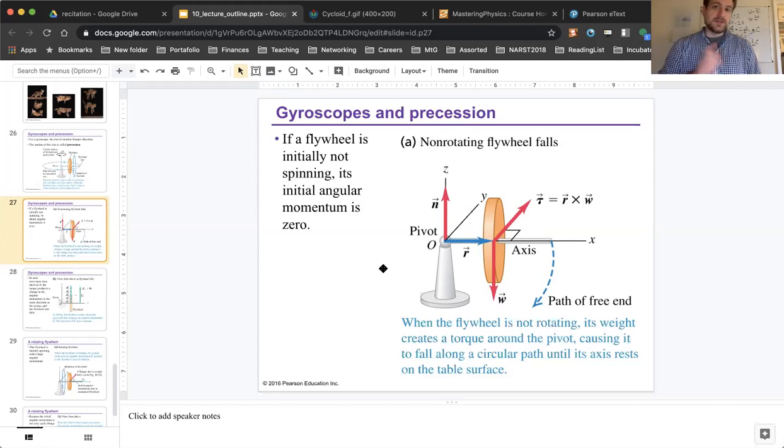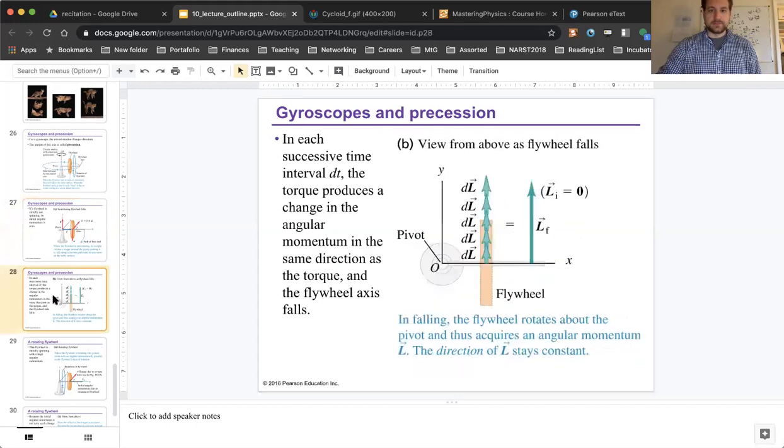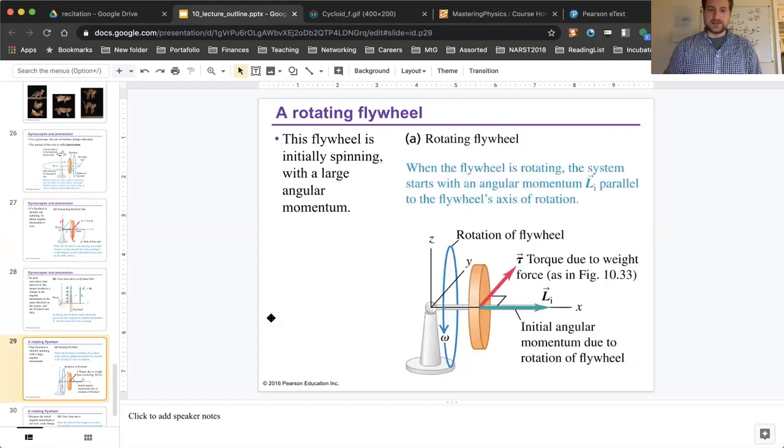Okay, but if there is an initial angular momentum, so we've got this orange flywheel rotating, then omega points along the x-axis as drawn, and so does the angular momentum, L sub i, initial.